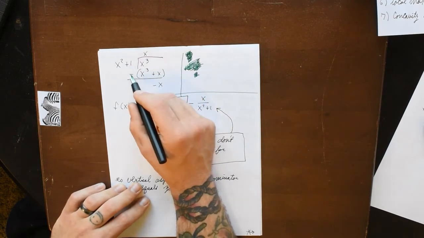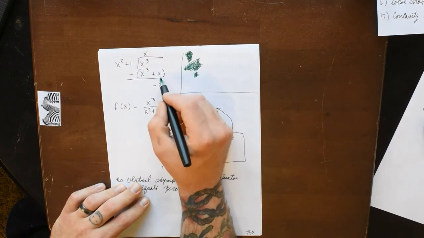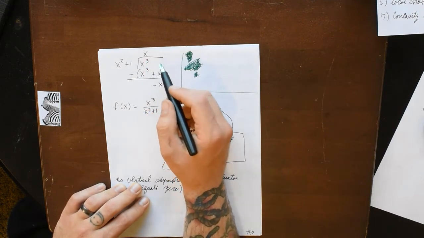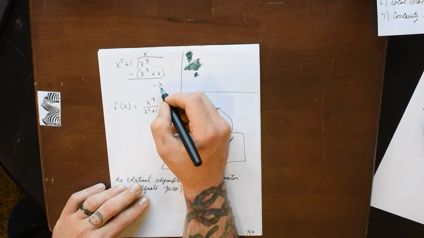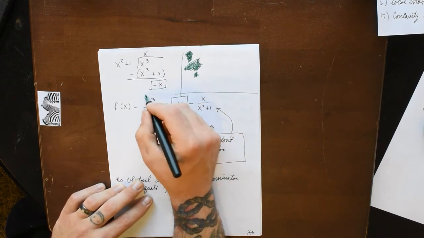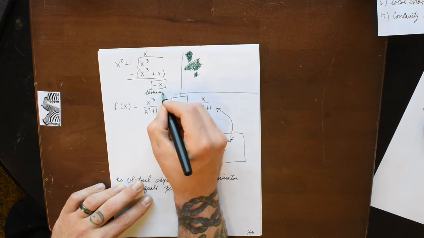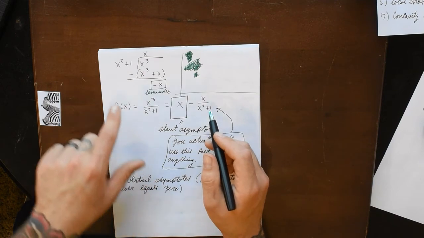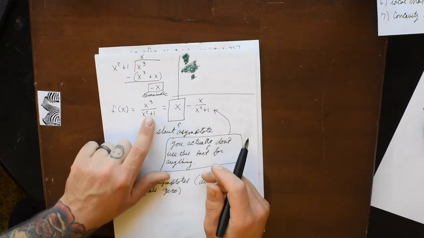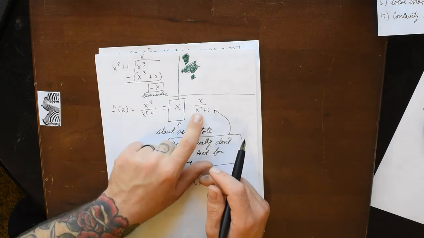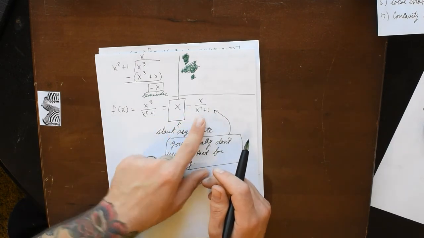We go through and we subtract this entire quantity. X cubed take away x cubed is 0, and then 0 take away x is a negative x. This down here turns into our remainder. And we have shown that x cubed divided by x squared plus 1 is equal to x minus x divided by x squared plus 1.